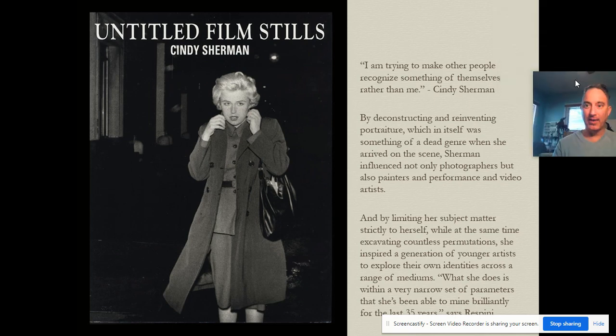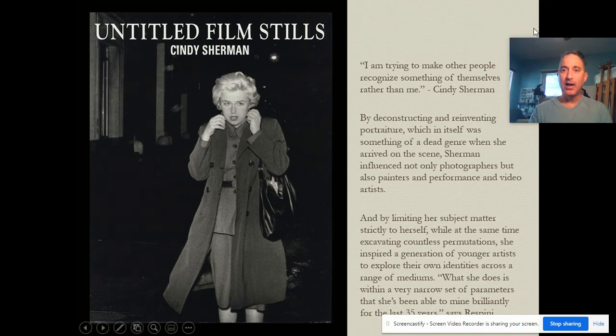And let's move my head away so you can see this quote: "I am trying to make other people recognize something of themselves rather than me." She is working with a genre of art that had pretty much gone dead in the 1950s, that of portraiture.